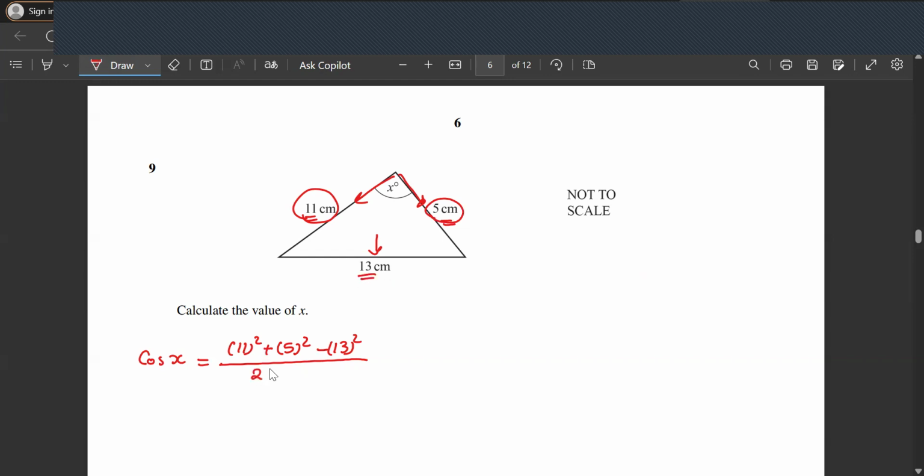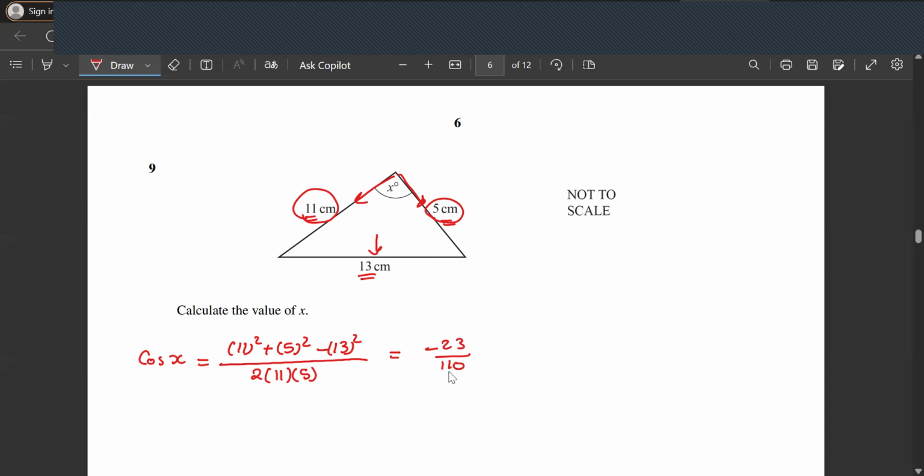If you do it on the calculator, you get the answer, negative 23 over 110.